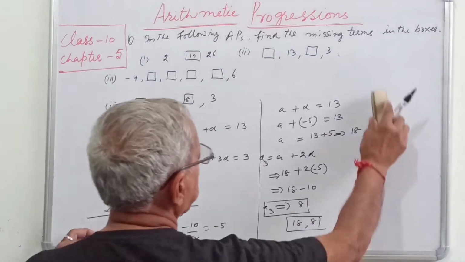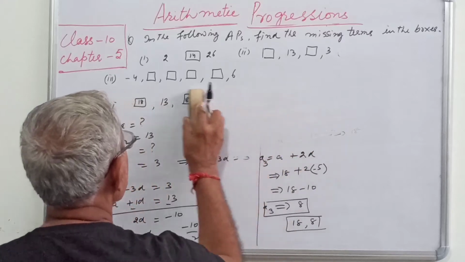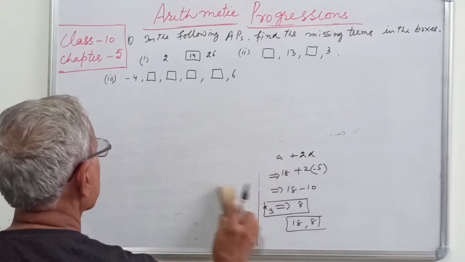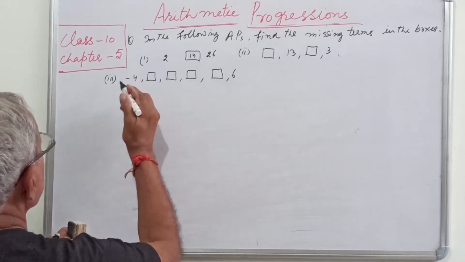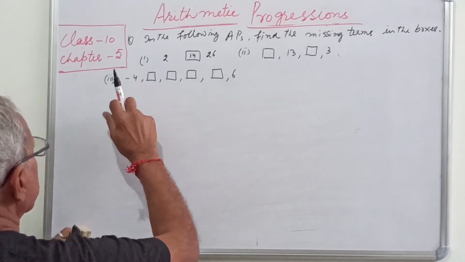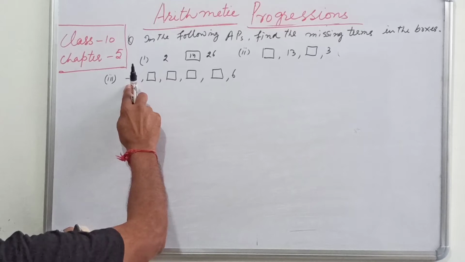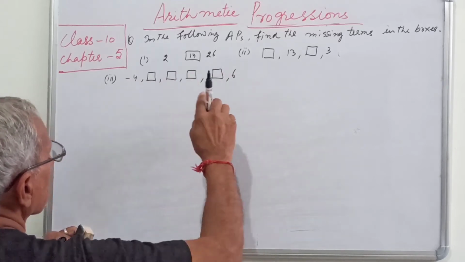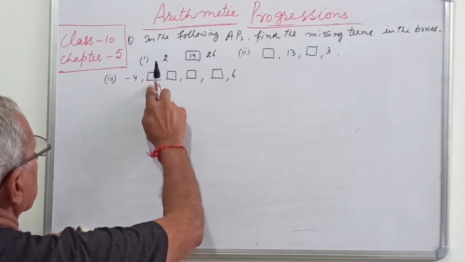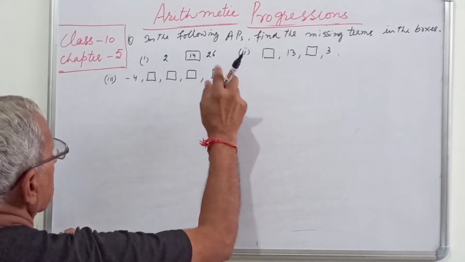Next part. Third part: the first term is minus 4, the second term is missing, and this is the sixth term. 1, 2, 3, 4, 5 and 6 terms.